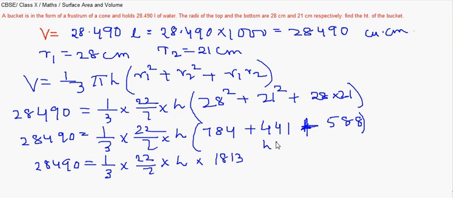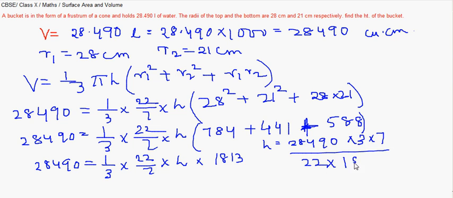So h will be 28490 into 3 into 7 by 22 into 1813. If you solve this, you'll get h as 15 centimeter. So h being 15 centimeter is the height of the bucket.